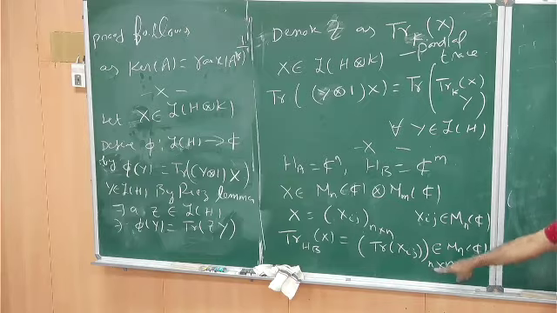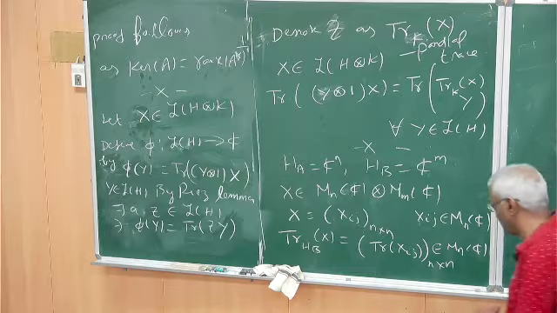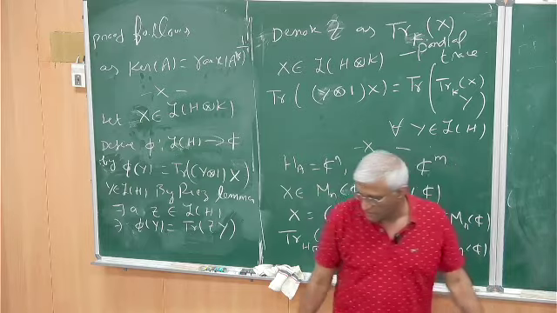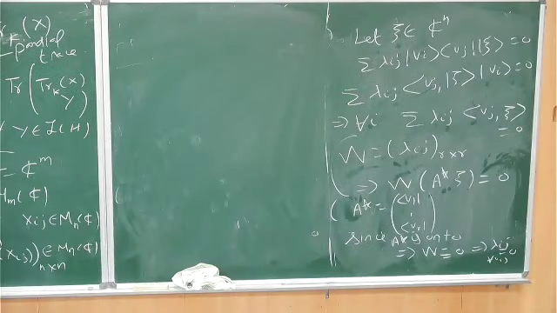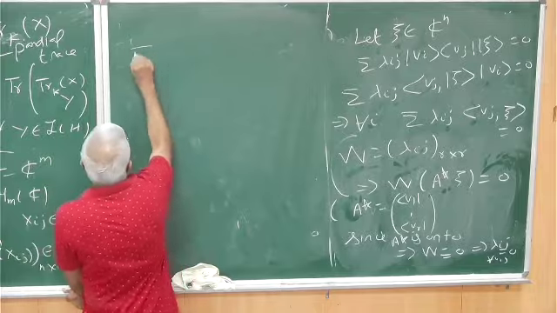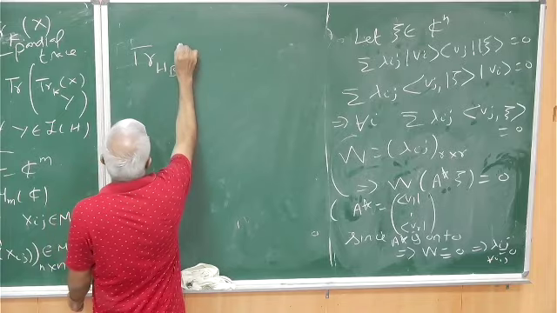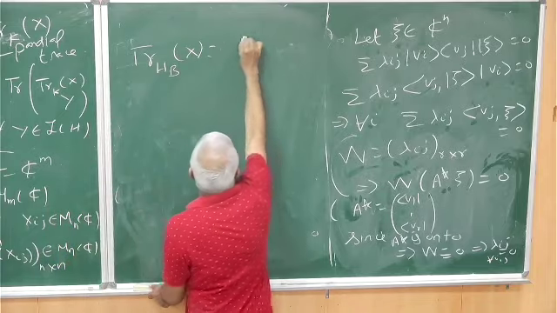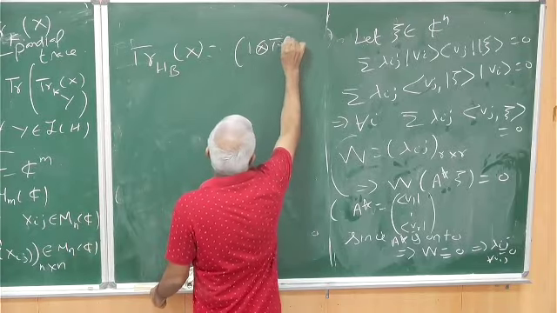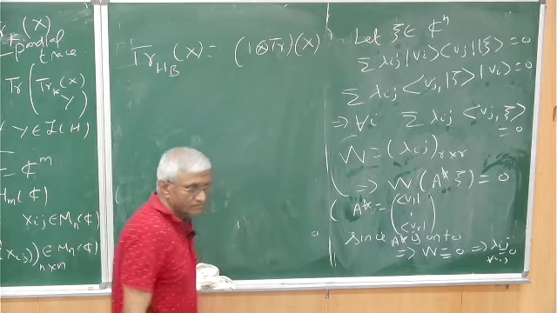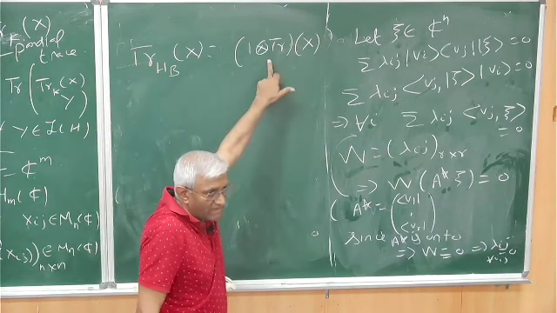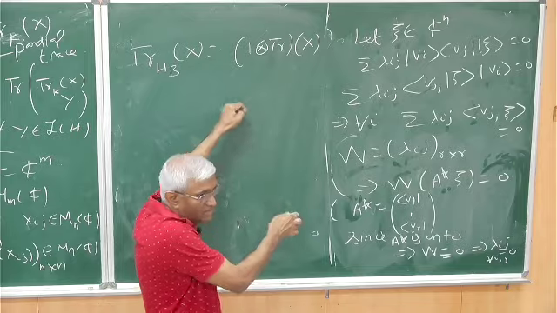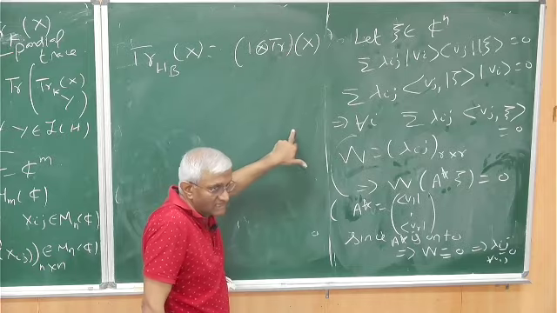You can verify that this satisfies that. This has to be verified actually, and I leave it as an exercise. You just have to verify this satisfies that property. The partial trace with respect to HB of any X is nothing but one tensor trace of this X. The trace on the second Hilbert space goes from Mn to C, it's a linear functional.